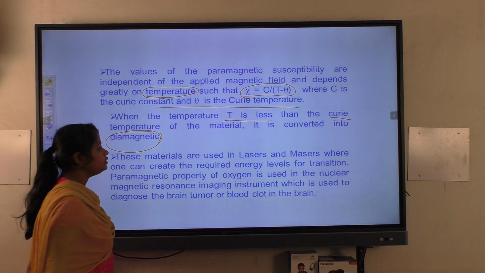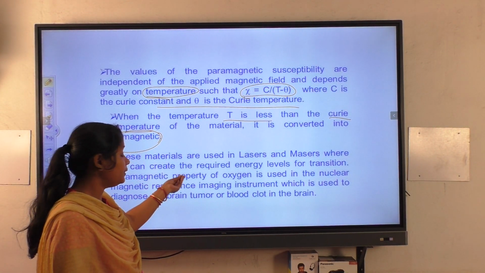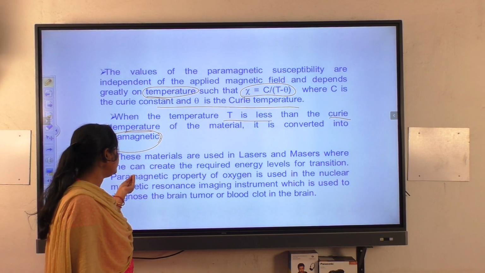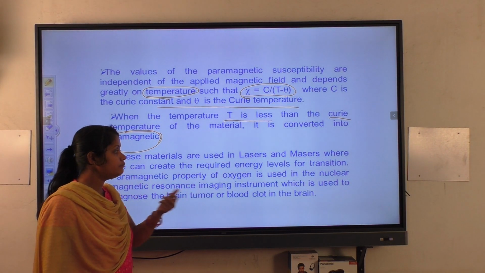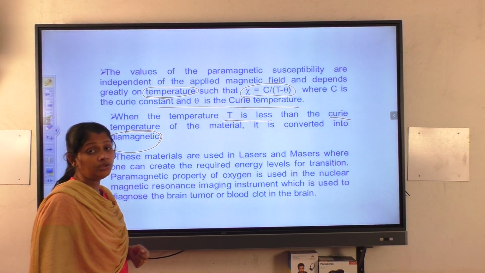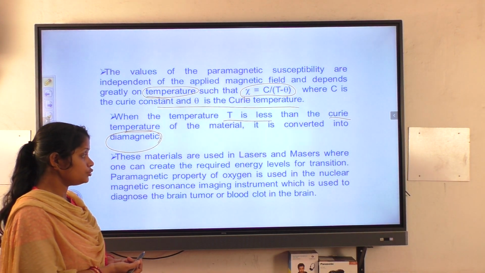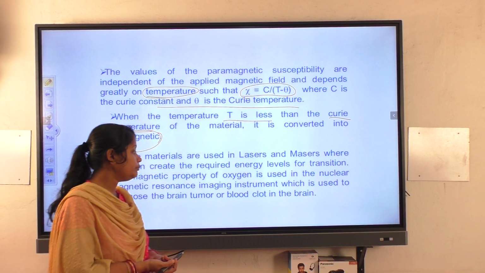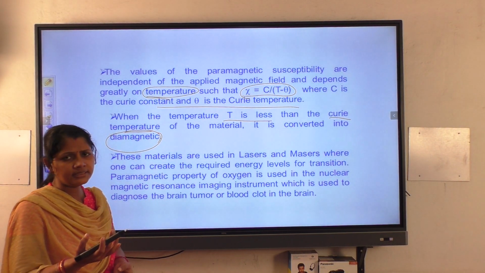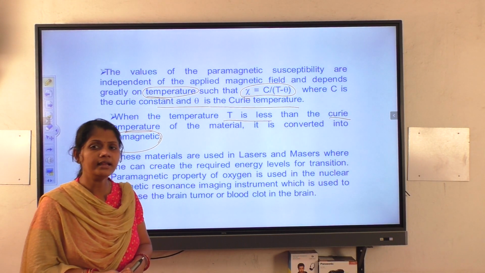These materials are used in day-to-day life. The application of diamagnetic materials, we can say, is in lasers, and one can create the required energy levels of transitions. The paramagnetic property of oxygen is used in nuclear magnetic resonance imaging, the instrument used to diagnose brain tumors, blood clotting in the brain, etc. There are various medical applications in which these magnetic materials are helpful.